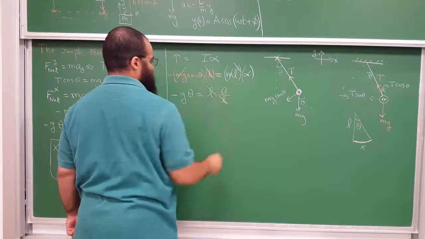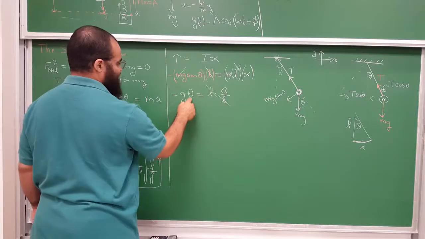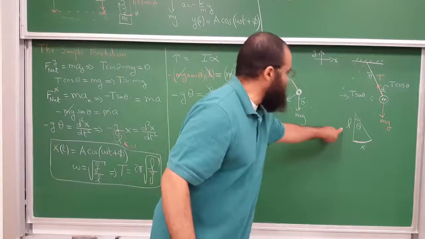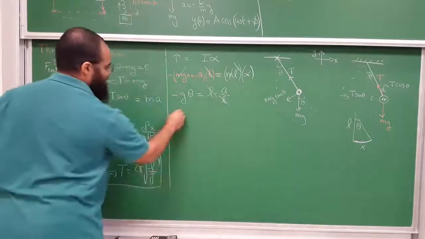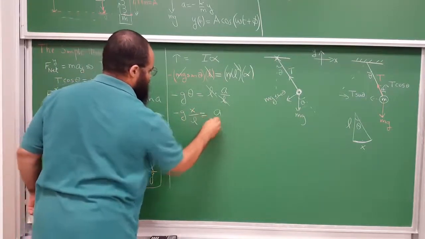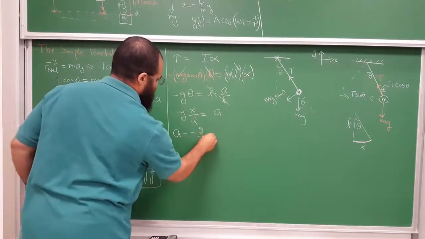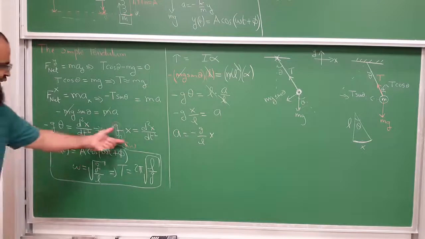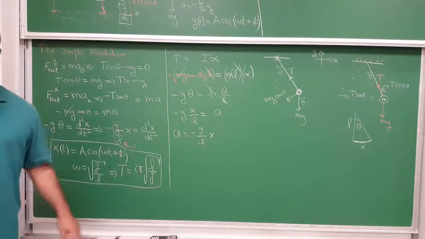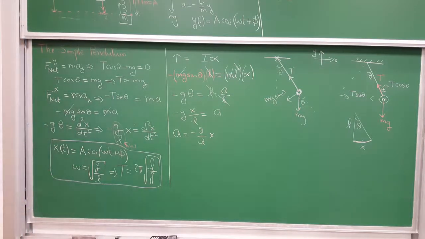So L will cancel here. So I have just A on the right-hand side. Here I have g times theta, but theta is equal to x divided by L. And so I get negative g x over L equals the acceleration. So I have the acceleration to be negative g over L times x, which is exactly what we had here, and the solution will be the same. All right? I'll stop here and then we'll go to the next video.